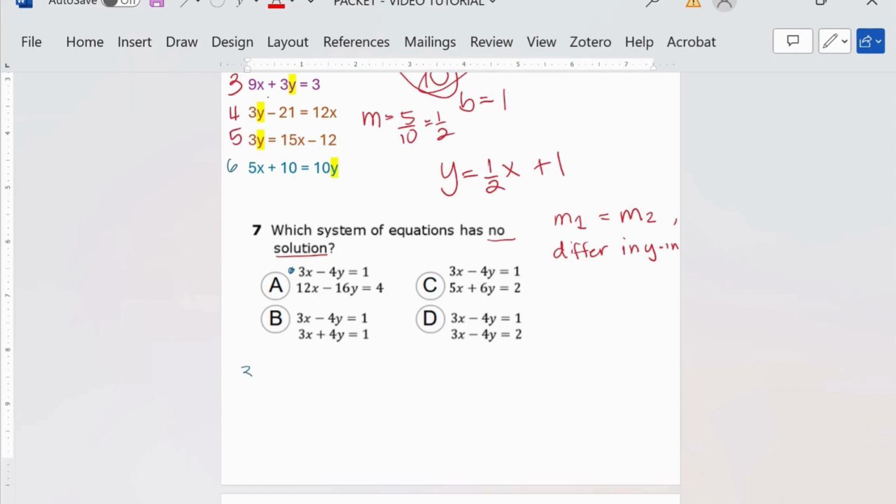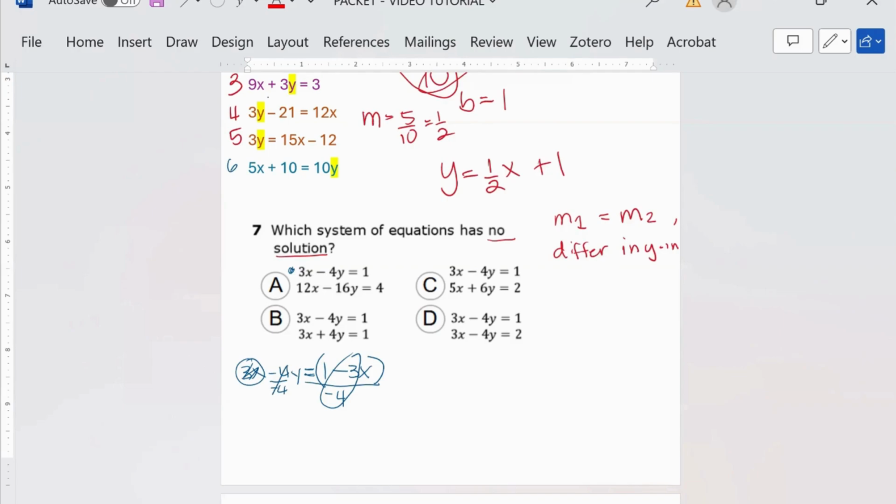So 3x minus 4y equals 1. Again, I see an equal sign. I'll put parenthesis, minus, I'm going to copy this 3x, close parenthesis, divided by negative 4. Now, this is my slope, divided by negative 4.